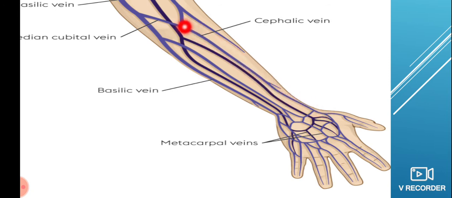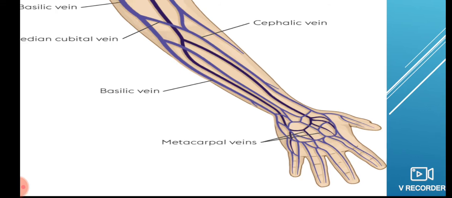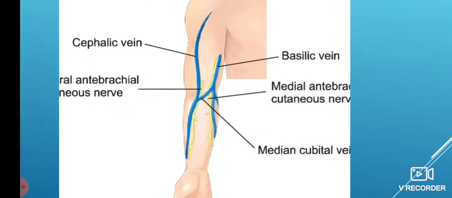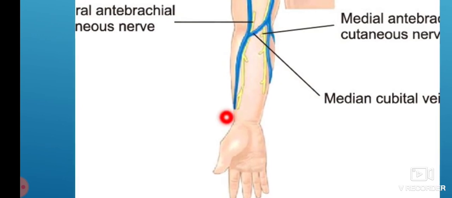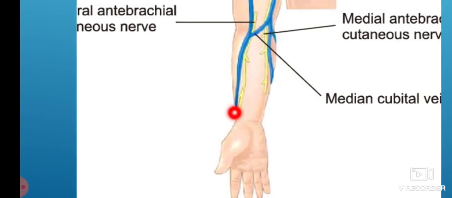So both the cephalic and basilic veins are formed from the medial side and lateral side of the dorsal venous arch. When passing through the upper limb, this is the lateral side, so this is the cephalic vein, and this is the medial side, so this is the basilic vein.